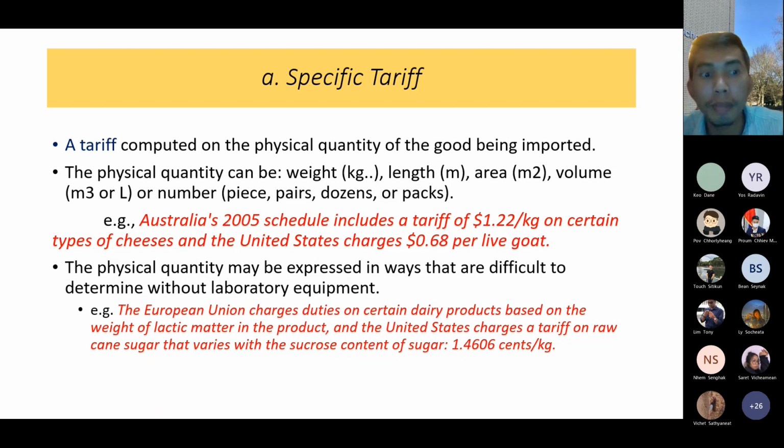We just care about, for example, an iPhone. If we impose a 20% AV tariff on an iPhone that costs 1,000 US dollars, how much is the tariff of 20%?